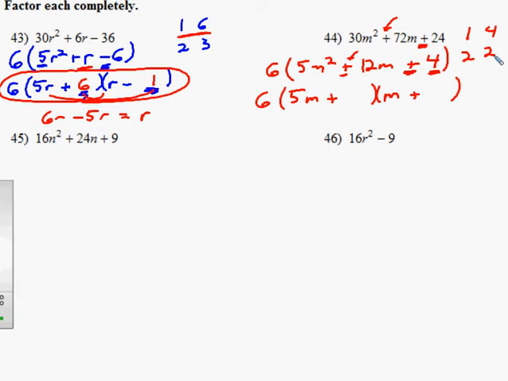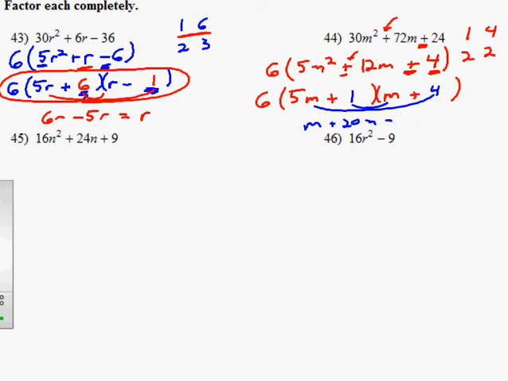And so we're going to try these different numbers and see what happens. So I'm going to write this in a different color, but let's try 1 and 4. So that gives us m, and that gives us 20m, which is 21m, which is not what we want.